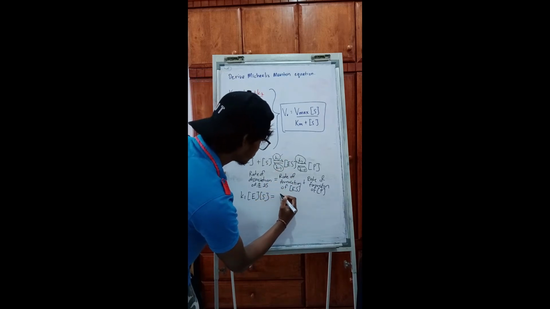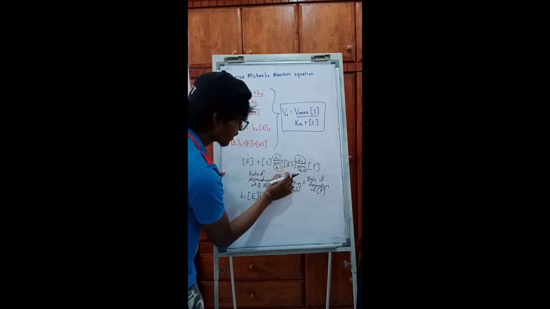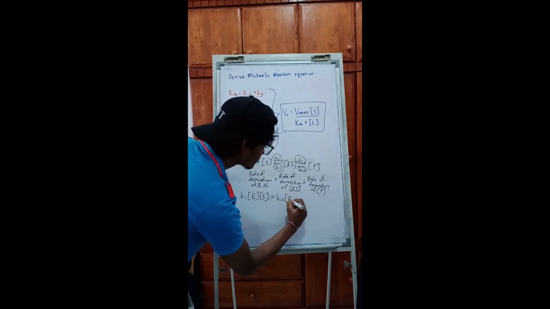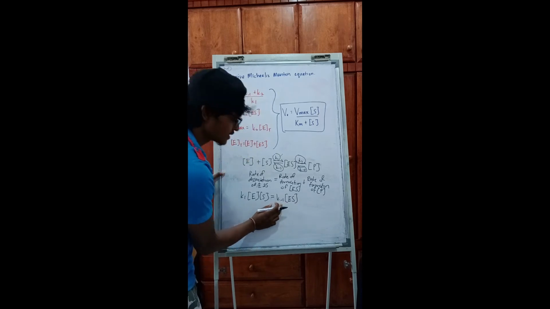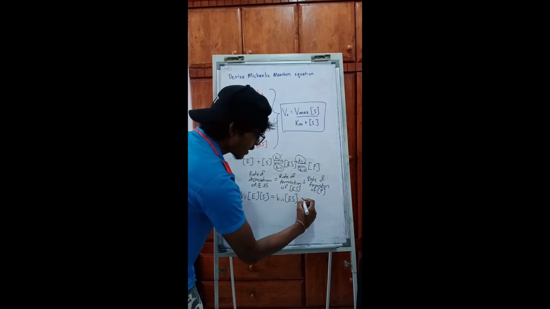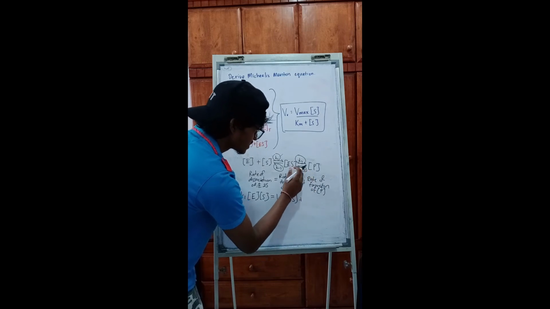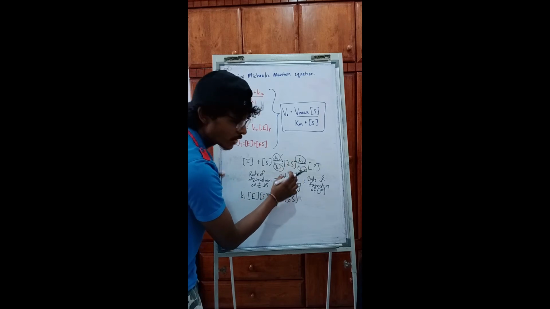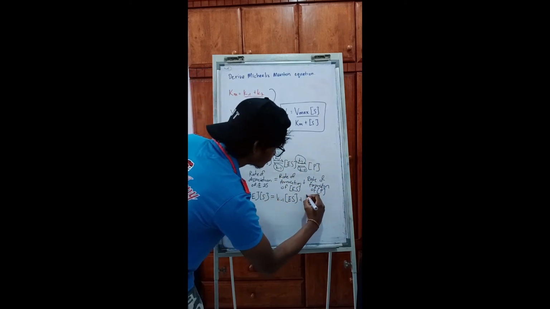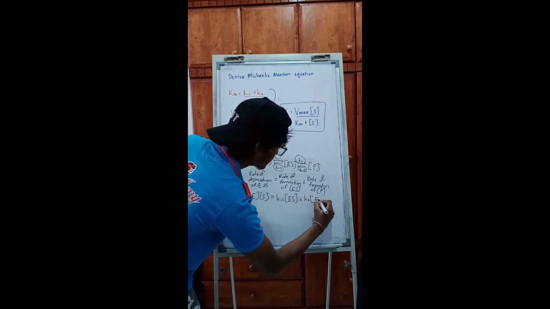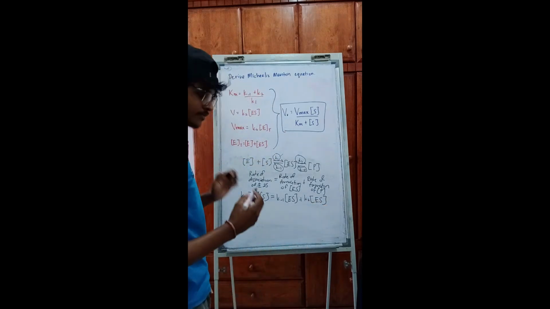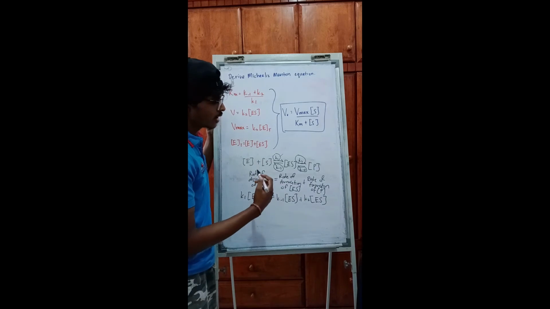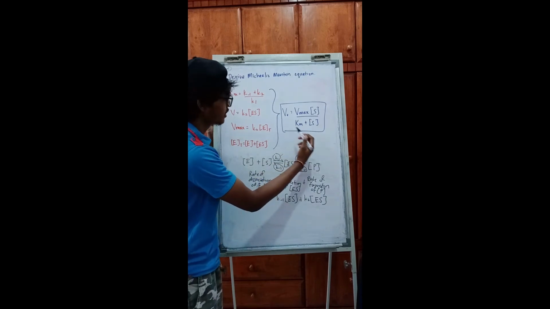This one is the rate of dissociation of enzyme substrate complex into enzyme and substrate, so K-1 times enzyme substrate complex. Plus the rate of formation of product, or rate of dissociation of enzyme substrate complex into product, so K2 times enzyme substrate complex. This will be the equation, and from these we form the Michaelis-Menten equation.